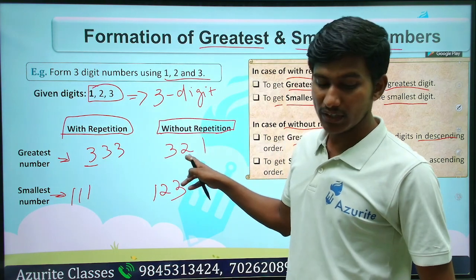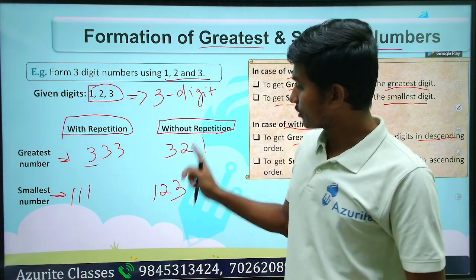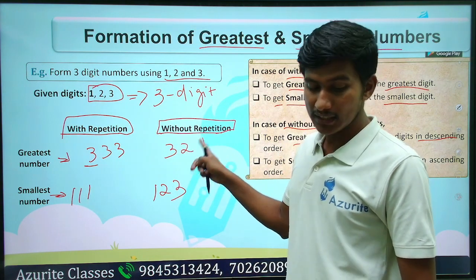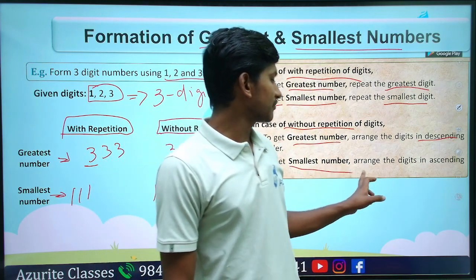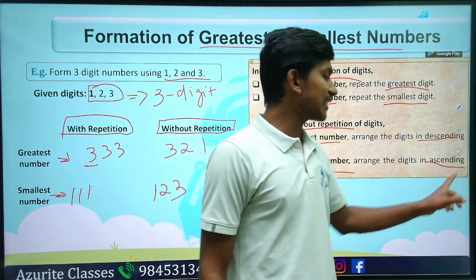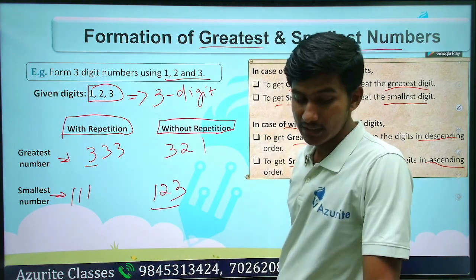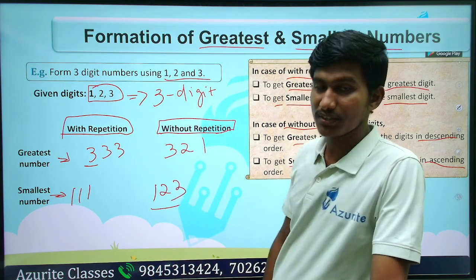So 321, right? 300 will be more, so that is why 300. After that next smaller, that is 20 and 1. And for the smallest number, arrange the digits in ascending order, that is smaller to bigger. For this 123, so first 100 is the smaller. For the smallest, smaller should be first.